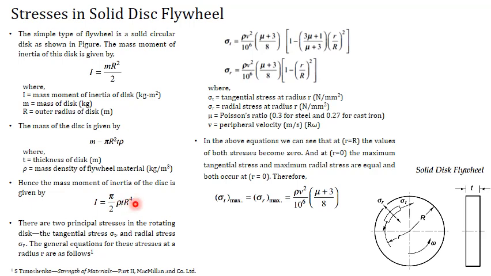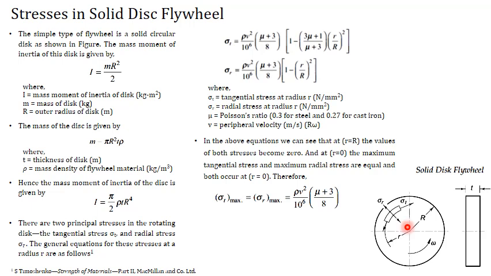Now, as far as stresses are concerned, there are two types of stresses developed due to: one, the tangential force exerted on the flywheel during motion to resist the motion of the flywheel, and second, the radial force due to the centrifugal force exerted on the mass from the center of rotation.